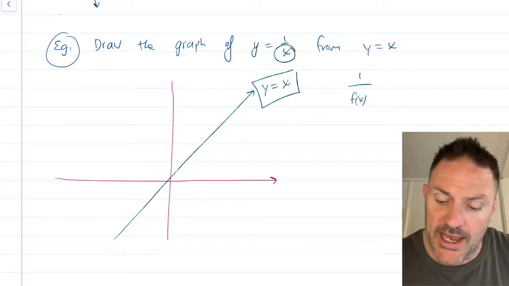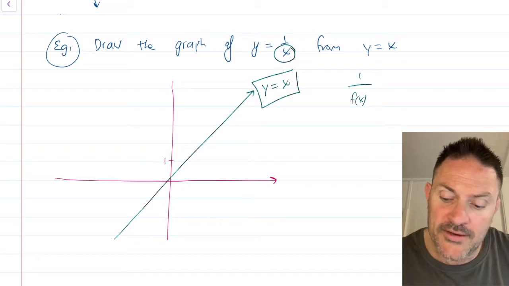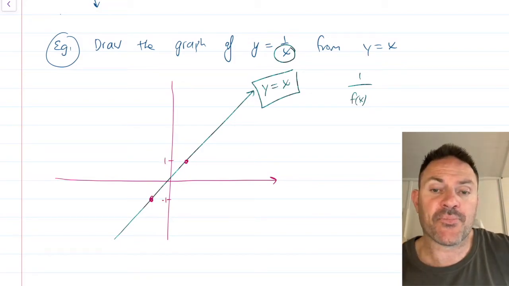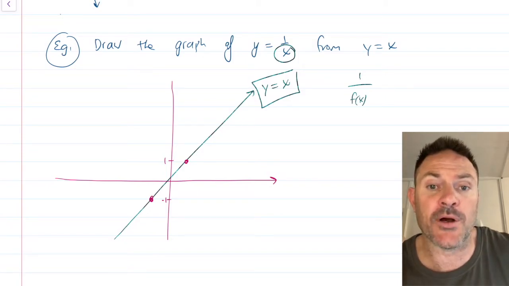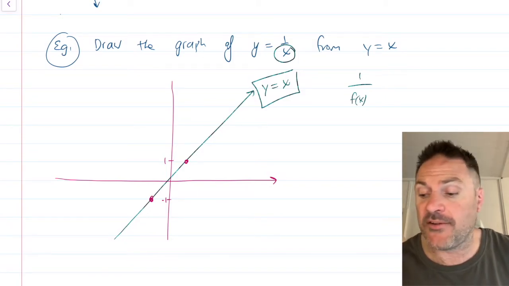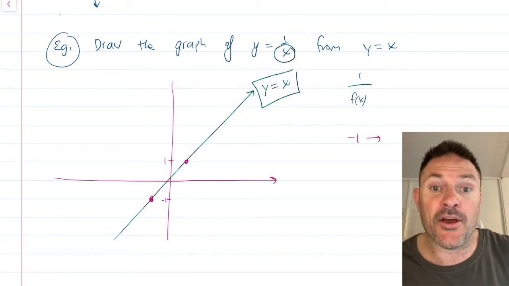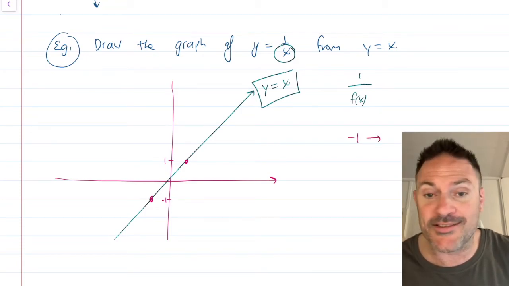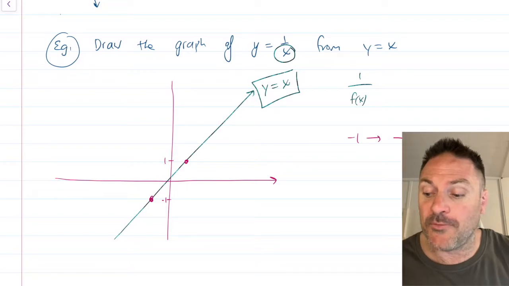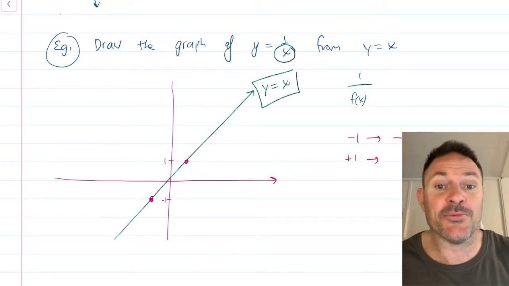I always like looking at 1 and -1 in terms of the y values. Because what's the reciprocal of -1? Well, hopefully you know the reciprocal of -1 is simply 1 over -1, which is -1. What's the reciprocal of +1? Well, guess what? It's still +1.